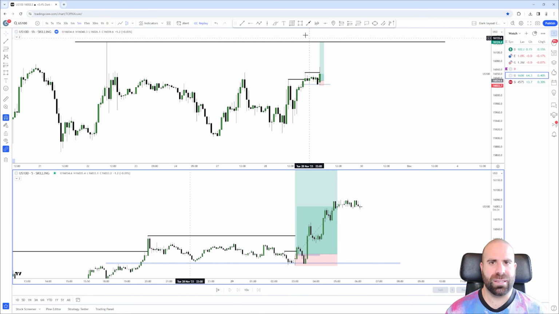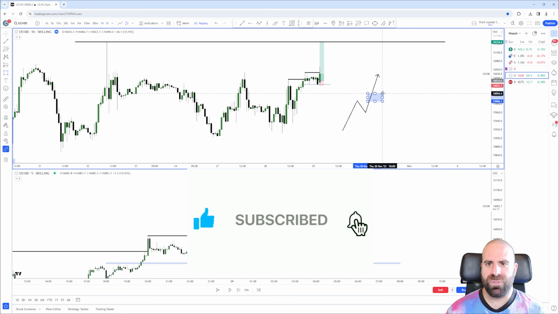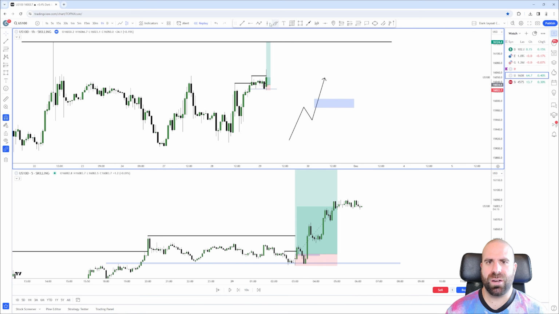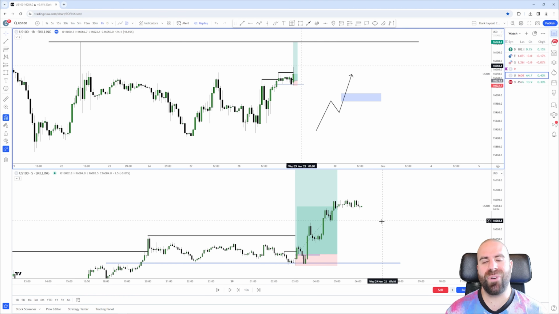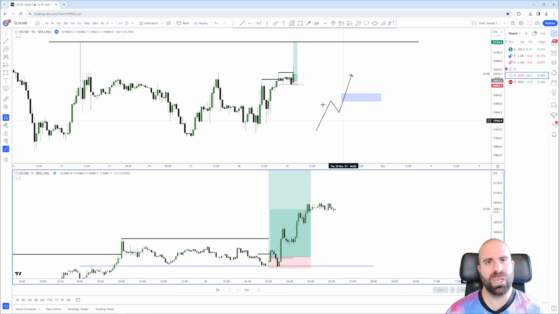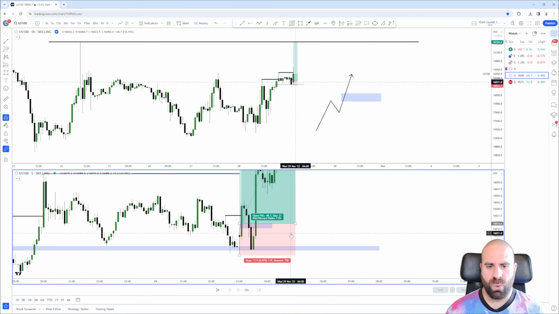So very simple things. You are going ahead on the 1 hour time frame, you are identifying a break of structure, an FVG that is left behind, and then when price goes back into the 1 hour FVG, you switch down, you scale down, or you have both of the windows open on the 5 minute time frame, and you are looking for a change of character, an FVG or an order block or whatever entry you are willing to trade.